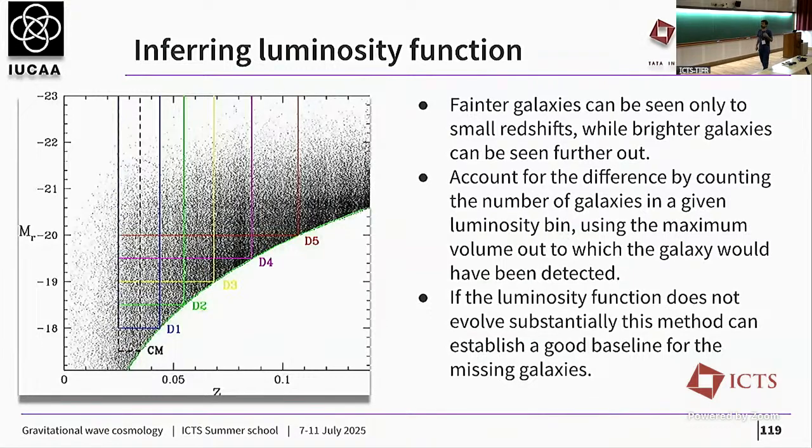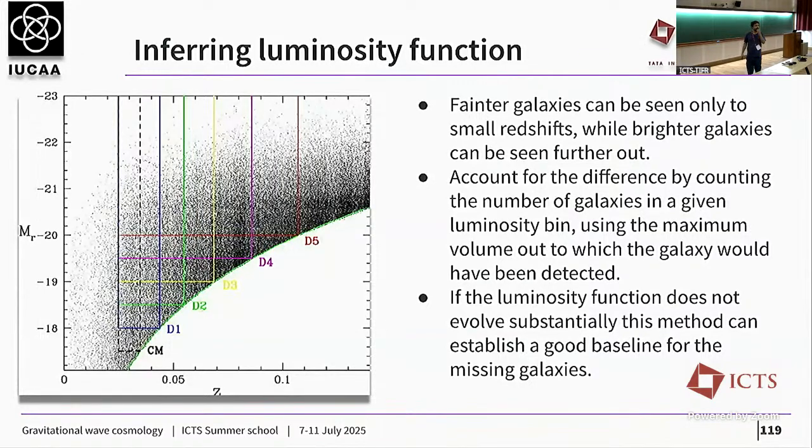And so there are different ways to do this kind of analysis. The simplest way is to do something called a 1 over Vmax weighting. So what you do is, given the luminosity of the galaxy and the magnitude threshold that you have, so the limiting magnitude to which you can see galaxies, you estimate what is the redshift.